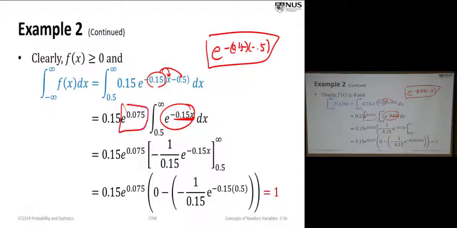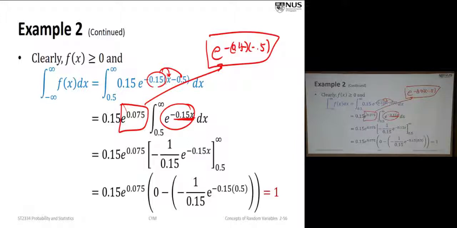So what I'm trying to say is that it looks complicated, but if you know how to simplify it, it's not that complicated. You can bring it out because e to the power of that number is a constant.